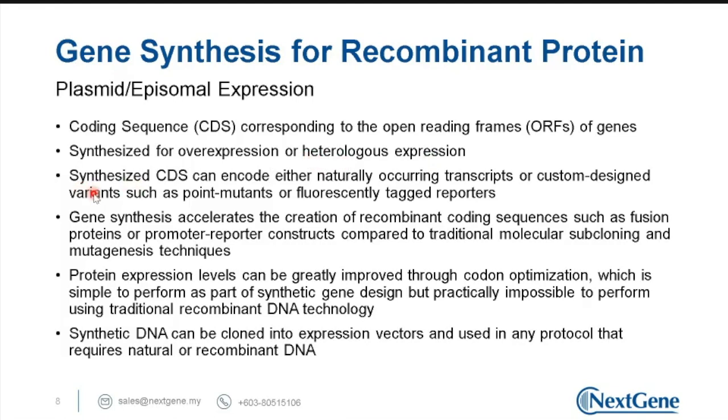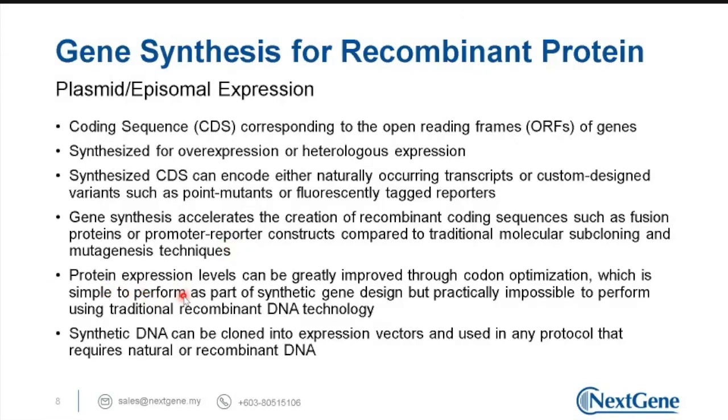Synthesized CDS can encode either naturally occurring transcript or custom design variants such as point mutants or fluorescently tagged reporters. Gene synthesis accelerates the creation of recombinant coding sequences such as fusion proteins or promoter-reporter constructs compared to traditional molecular subcloning and mutagenesis techniques.